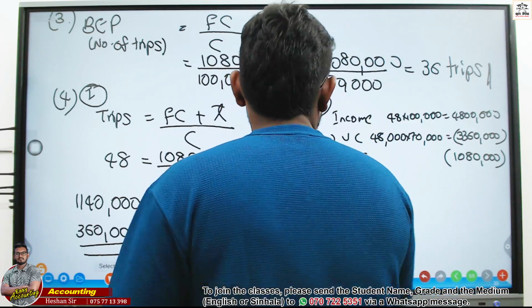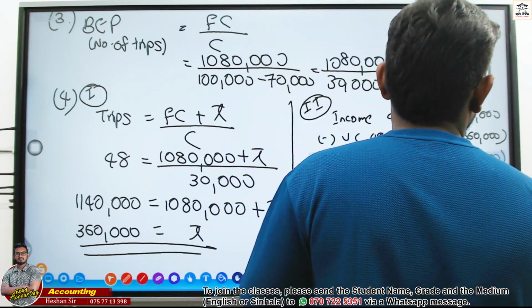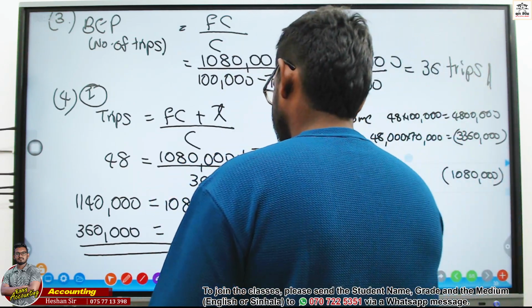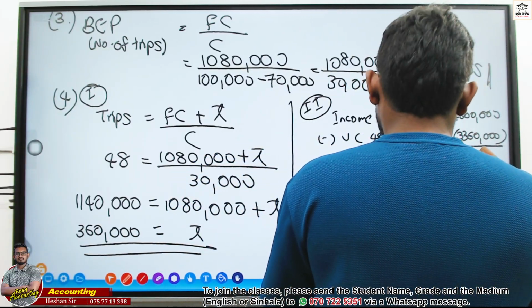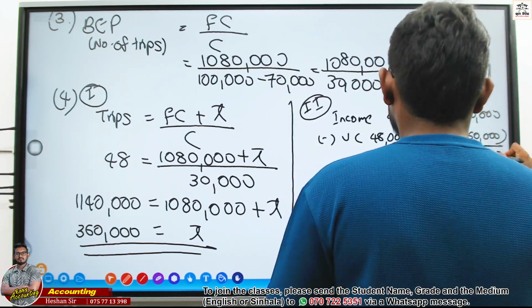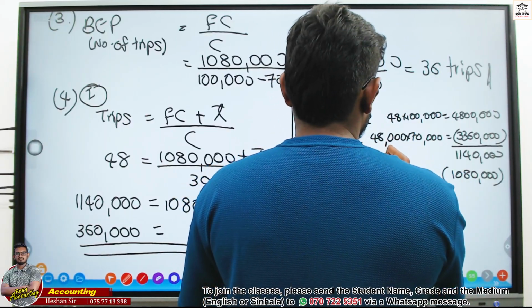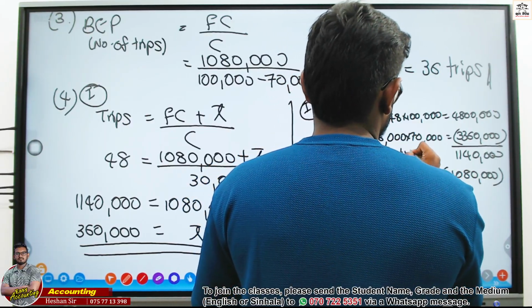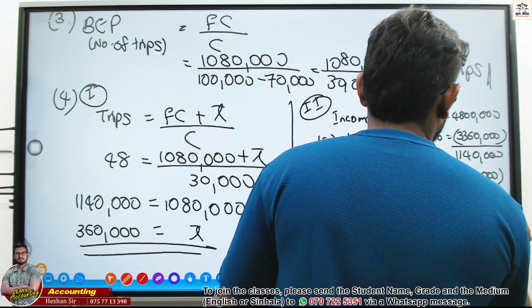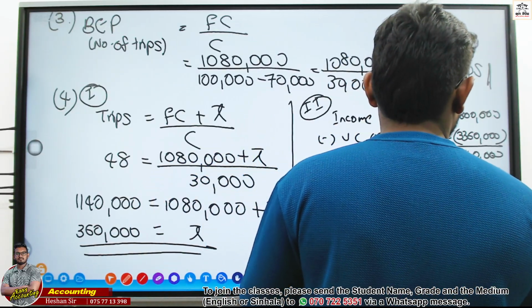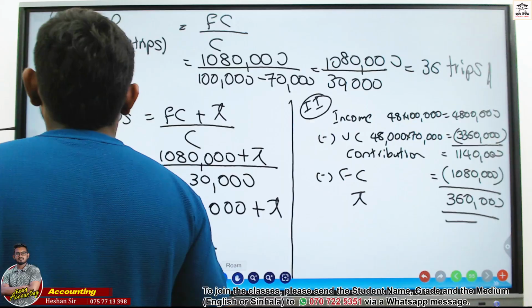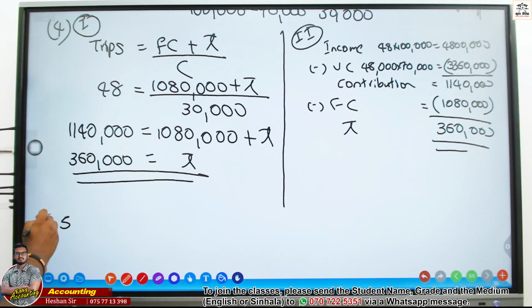Subtracting the variable cost you will get the contribution, that is 1140 contribution. Subtracting the fixed cost you will get the profit 360. I'll show you how to write it. Number 5, last one.